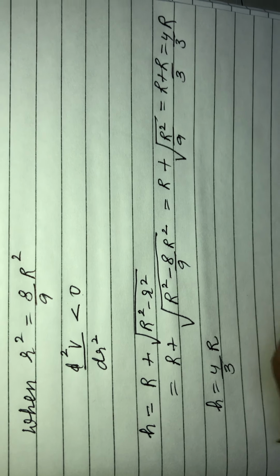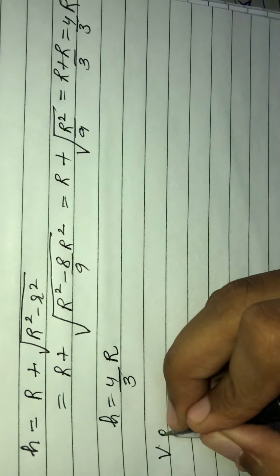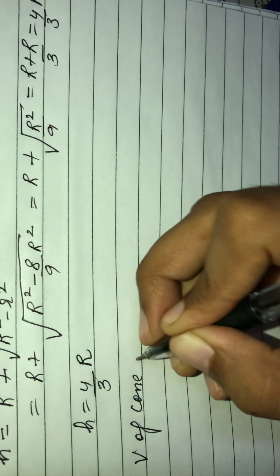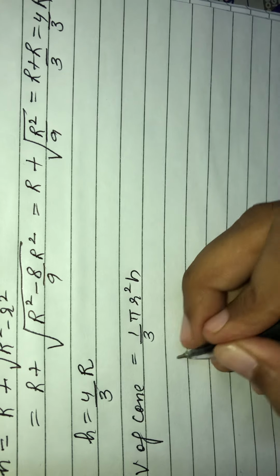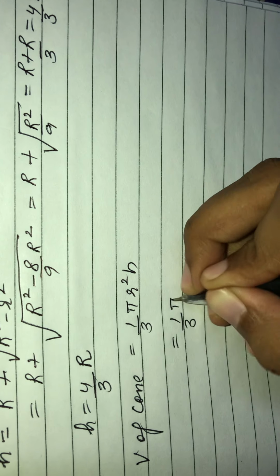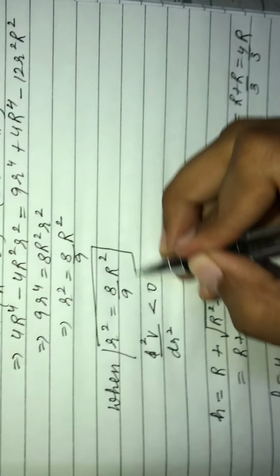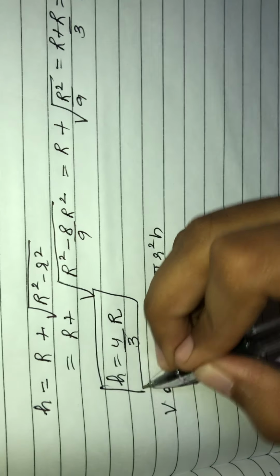Now if I talk about the volume of the cone, it is 1 by 3 π r² h. So 1 by 3 π, the value of r² is this, the value of h is this.